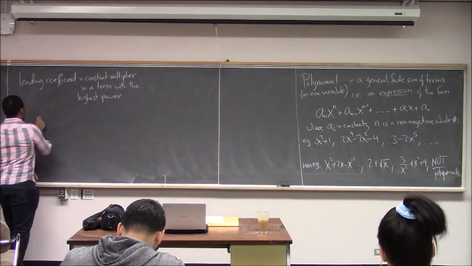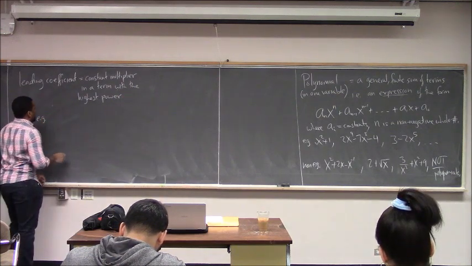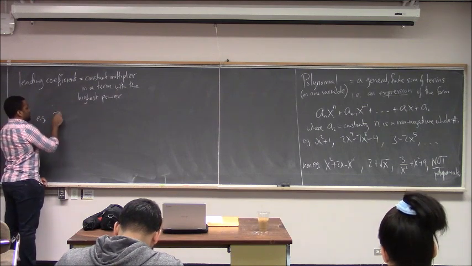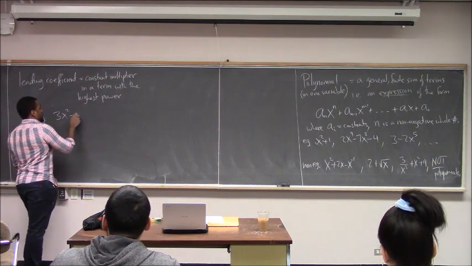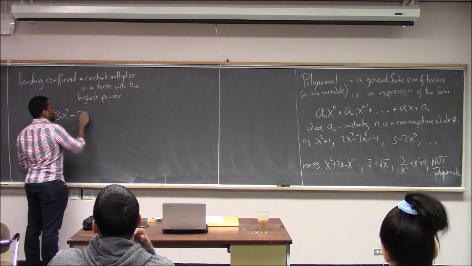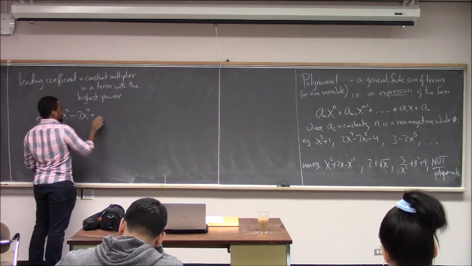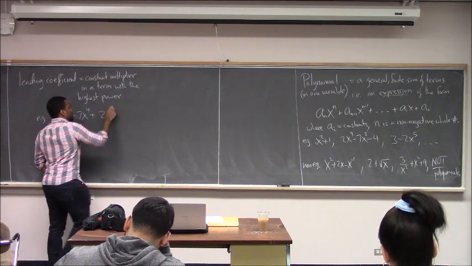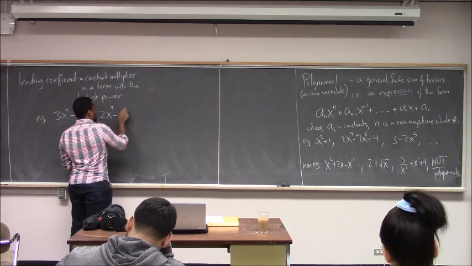So for example, if you look at the expression 3x squared minus 7x fourth plus 2x to the ninth minus 9.